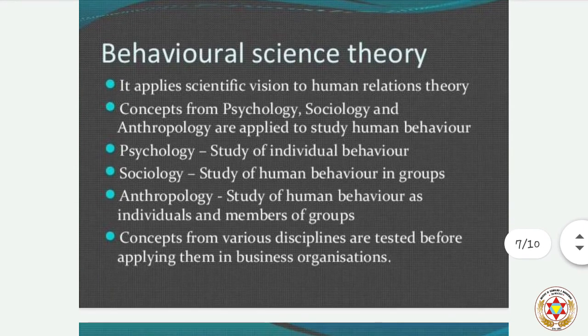Let's come to the second one, that is the behavioral science theory. This theory focused on the actual behavior of individuals and groups in the real organization. The findings of these people have enormously helped us in understanding organizational behavior. Actually, it recognizes the practical and situational constraints on human rationality for making optimum decisions.